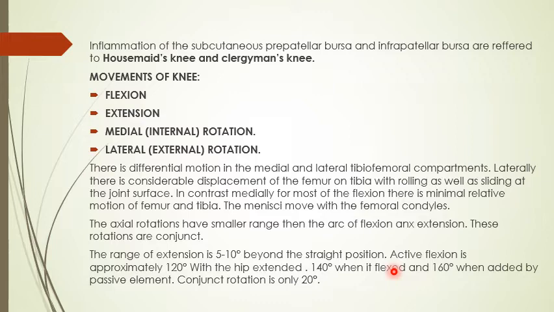So when the hip is extended, the movement at the knee joint, flexion, is 120 degrees. When the hip is flexed, it is 140 degrees, and 160 degrees when the person is in a squatting position, sitting on the foot on the ground, when aided by passive movement.